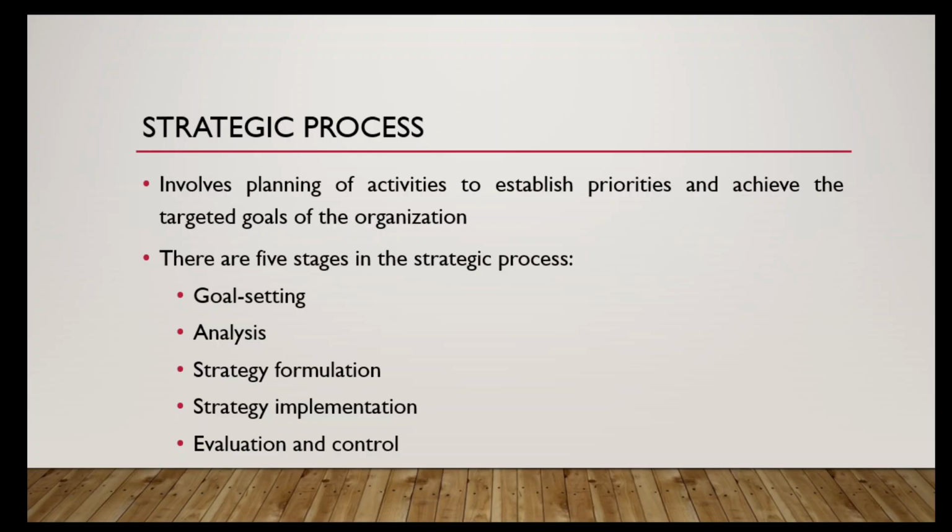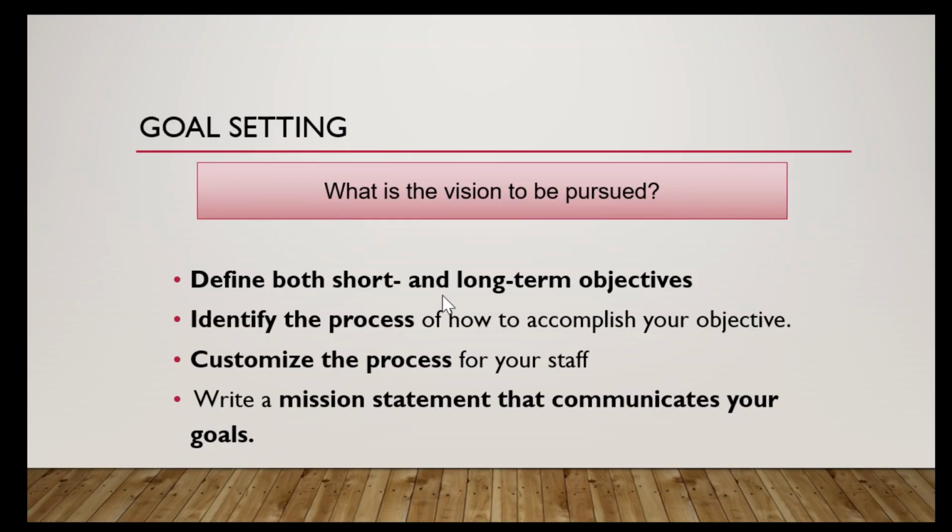There are 5 stages in the strategic process: goal setting, analysis, strategy formulation, strategy implementation, and lastly evaluation and control. In goal setting, we need to answer the question: what is the vision to be pursued?